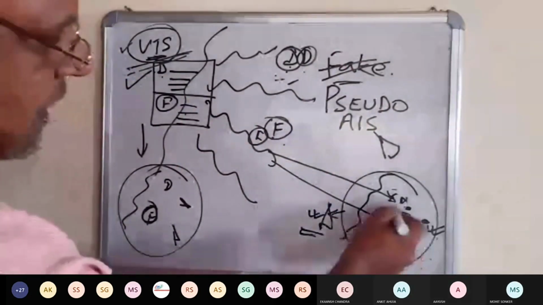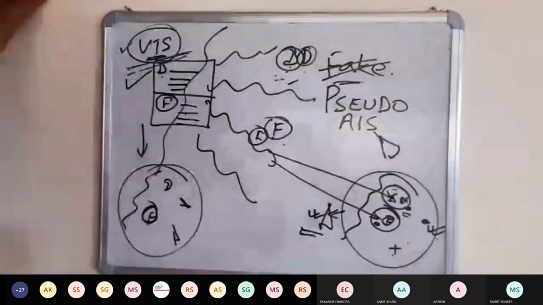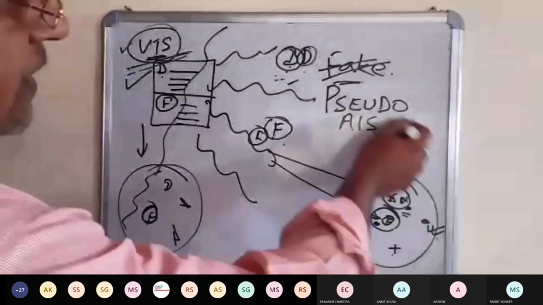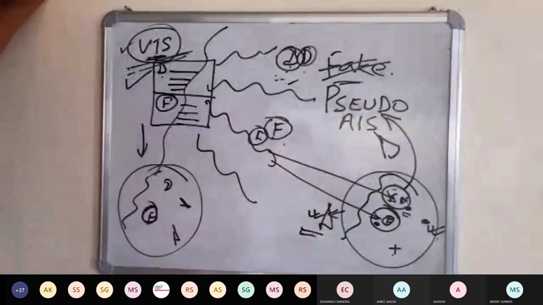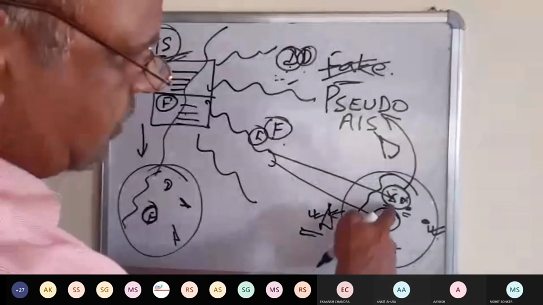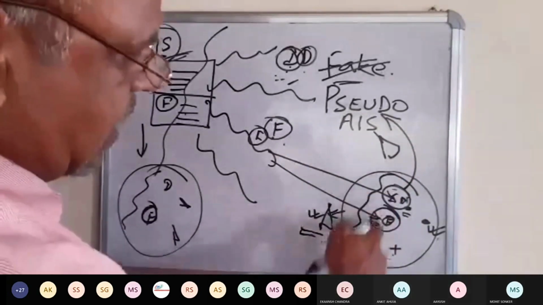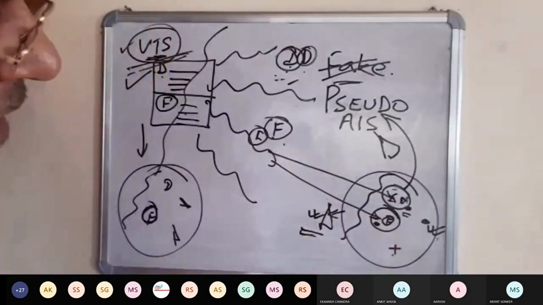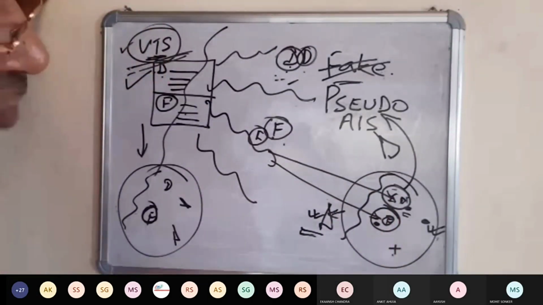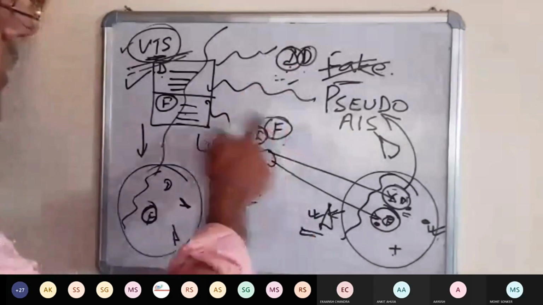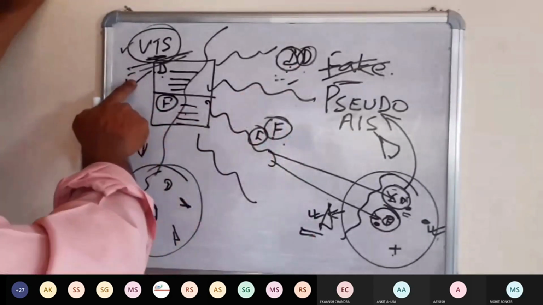And it has to be clearly marked with a symbol indicating that it is pseudo AIS, so that when you see it on the screen, you can identify that it is transmitted not by these stations, but by some other authority.